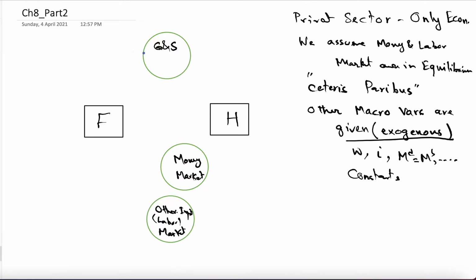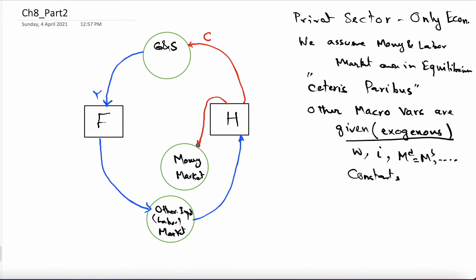The flow variable is the GDP coming here, and then it becomes the income to these people, and these people are paid like this. Then, in spending, they decide either to consume or to save.